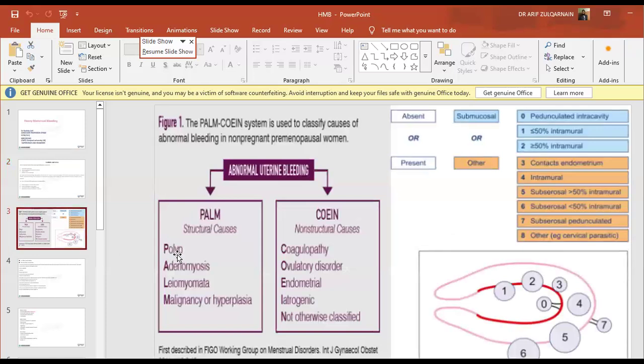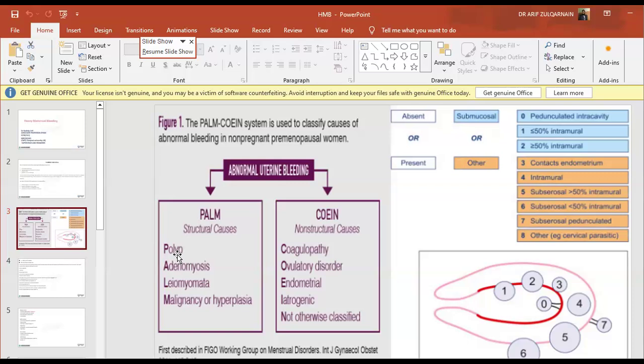First of all, we must know the etiology of heavy menstrual bleeding, that it is PALM-COEIN. PALM is the structural causes and COEIN the non-structural causes. PALM stands for P for polyp, A for adenomyosis, L for leiomyoma, and M for malignancy or hyperplasia.